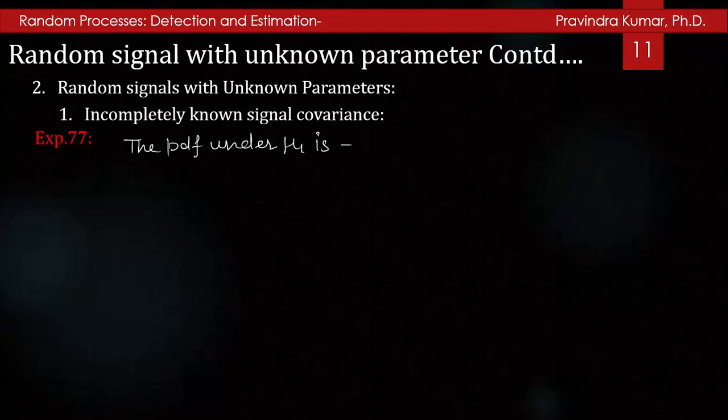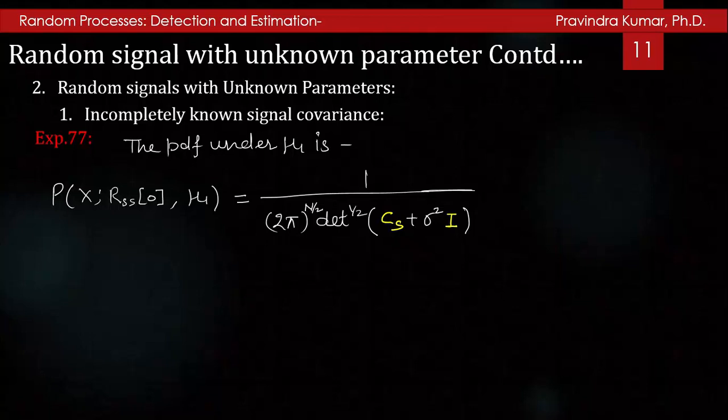So the PDF under hypothesis H1 will be 1 by 2 pi to the power N by 2 under root determinant of the matrix Cs plus sigma square I into e to the power minus 1 by 2 x transpose inverse of the matrix Cs plus sigma square I into x.